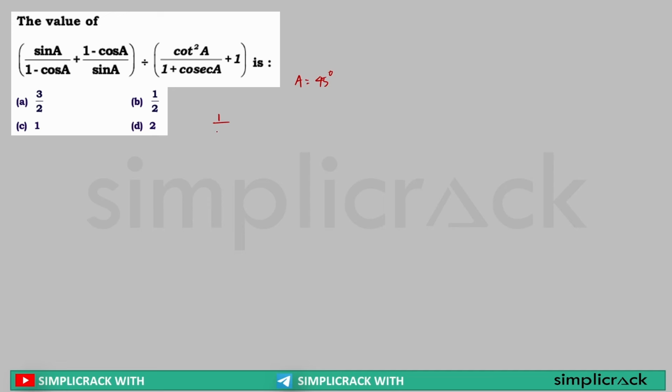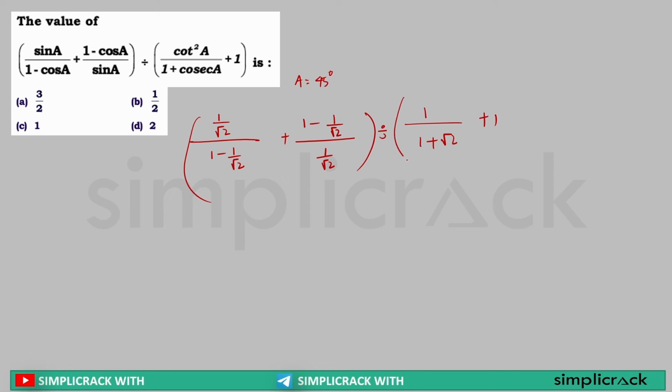So sine A is equal to 1 by root 2, divided by 1 minus 1 by root 2, plus 1 minus cos 45, which is 1 by root 2, divided by 1 by root 2, divided by cot square A, that is 1, divided by 1 plus 1 by root 2. Yes or no? Yes. Sir, here it can be written as 1 by root 2 divided by (root 2 minus 1) by root 2. Root 2 crossed out, plus same root 2 crossed out. This will be root 2 minus 1 by 1.